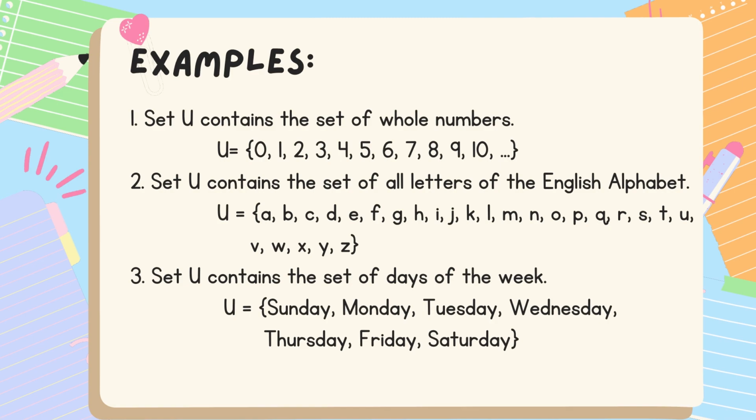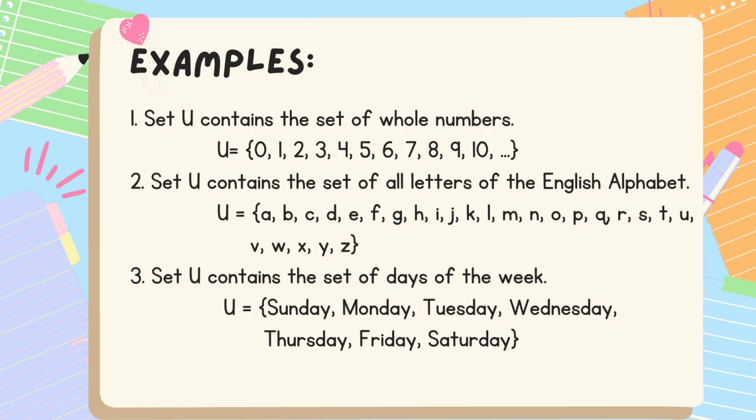Set U, the universal set, which contains the set of whole numbers. The elements of which are 0, 1, 2, 3, 4, 5, 6, 7, 8, 9, 10, and so on and so forth. Take note that when we are talking of whole numbers, 0 is included.